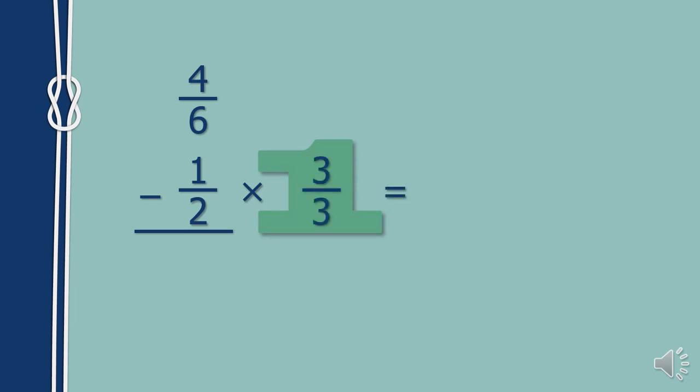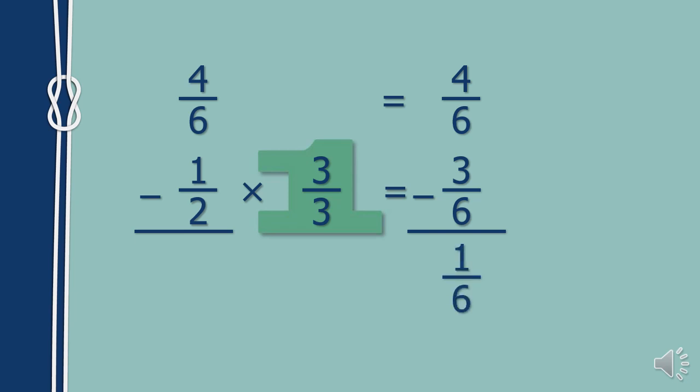If we multiply 1/2 times 3/3, we get 3/6. Now we can add 4/6 to 3/6. And when we do that, oh, we're not adding, we're subtracting. That's right. 4/6 minus 3/6 would be 1/6. 1/6 is a proper fraction, and so we're finished with that problem.